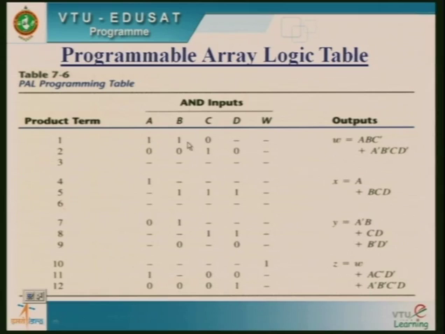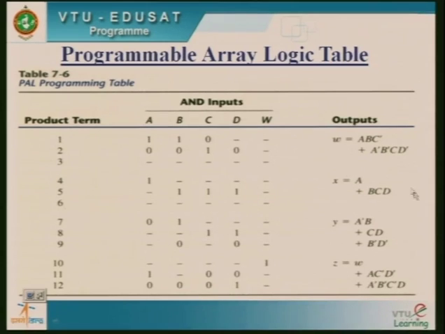So I have written the AND inputs here with 3 variables, here with 4 variables. This represents the first function. For the second function, I have A plus B C D. I have only one variable in the first AND gate, and in the second AND gate I have 3 variables, and the rest is written as dash.